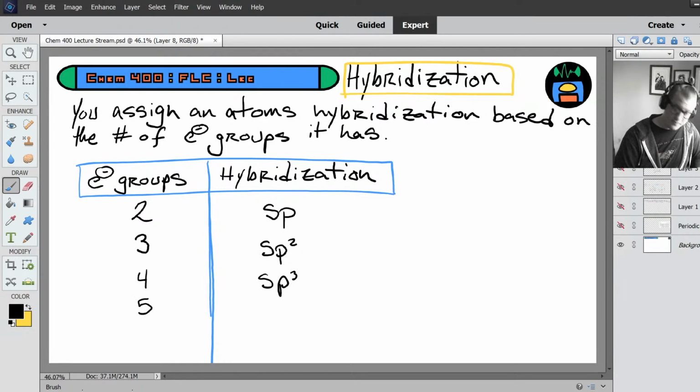If you have 5 electron groups, we need 5 orbitals, but we only have 3 p orbitals. So sp3d must be the hybridization. You have to bring in one of the d orbitals. Finally, if you have 6 electron groups around your central atom, you'll need 6 orbitals, so that hybridization will be sp3d2.